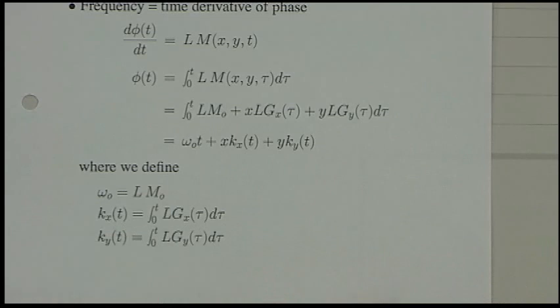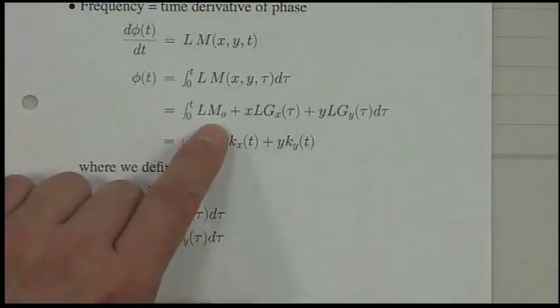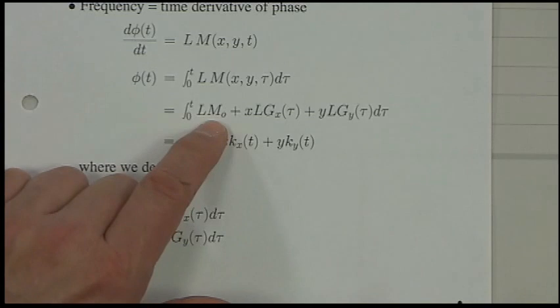We're leaving out z because our assumption was that z is fixed, okay, and the gradient in z is fixed. So I'm cheating a little bit because this m0 really isn't just m0. It also includes the term associated with what might be a small offset in the center frequency due to z, okay?